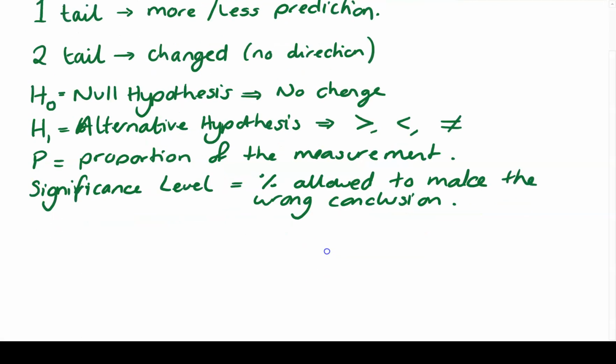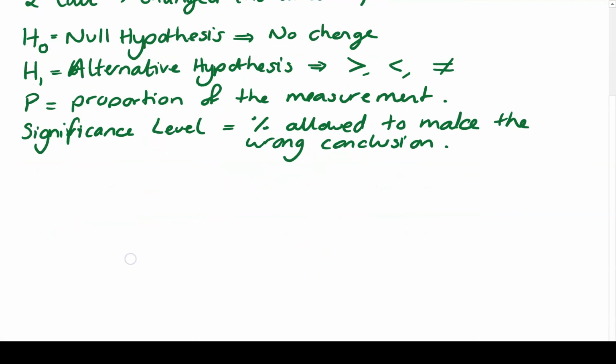Okay, so P is the proportion, but then you have a P value, and that is the probability of the thing you're measuring, the event, the occurrence. I'm going to put probability of the event measured.